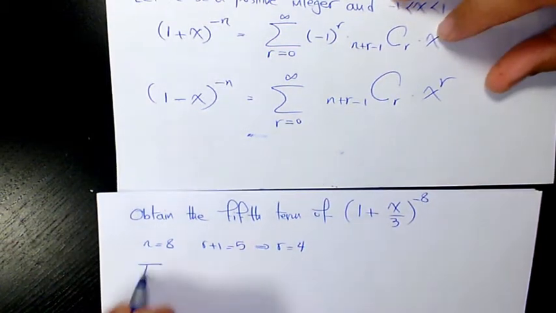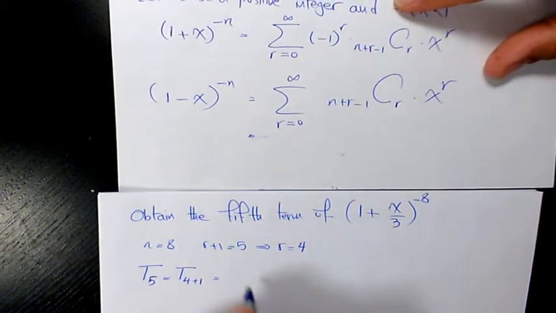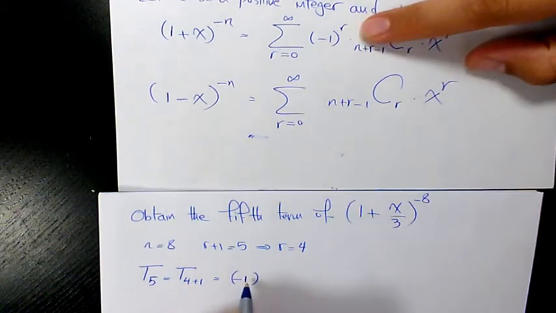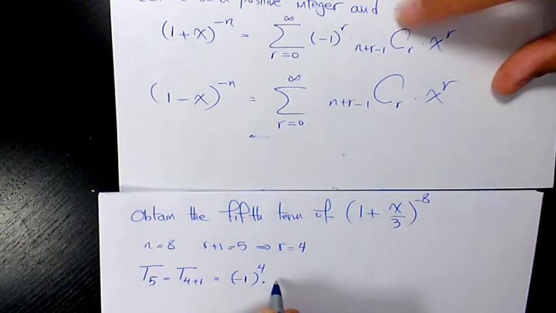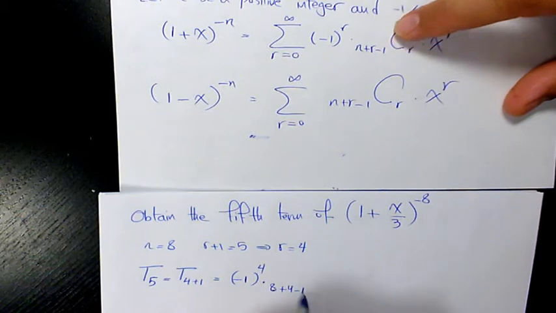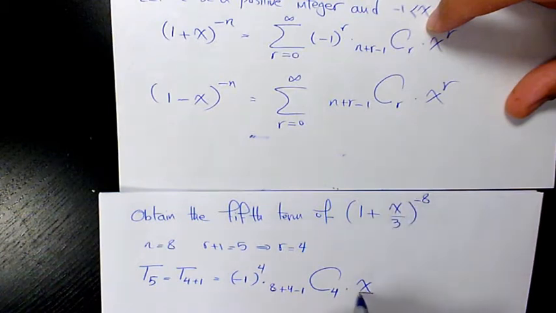So T5 equals T4 plus 1, and when you substitute, it's going to be negative 1 to the power of 4, n, which is 8 plus 4 minus 1, C4, x over 3 to the power of r, which is 4.